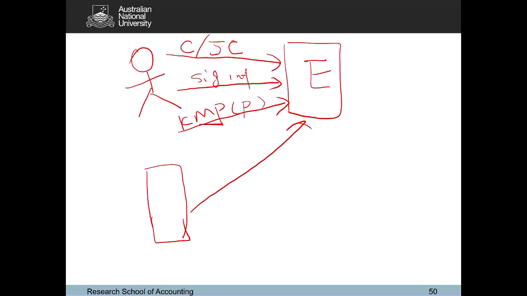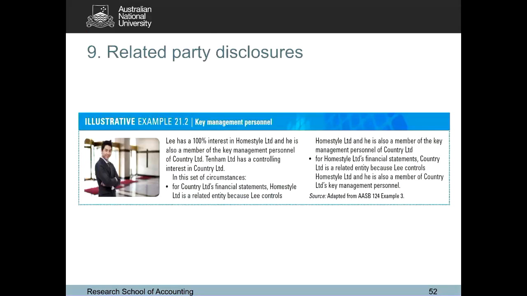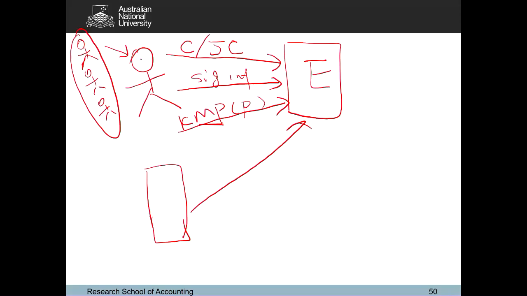And also, if this individual has other close family members, they are deemed as this person. Like this person's wife is controlling the company, then this person is going to be the related party.